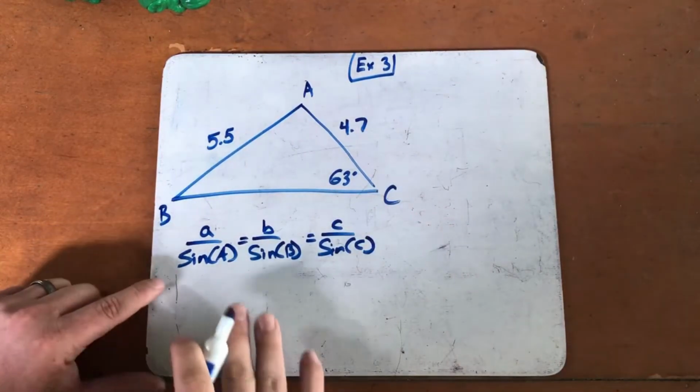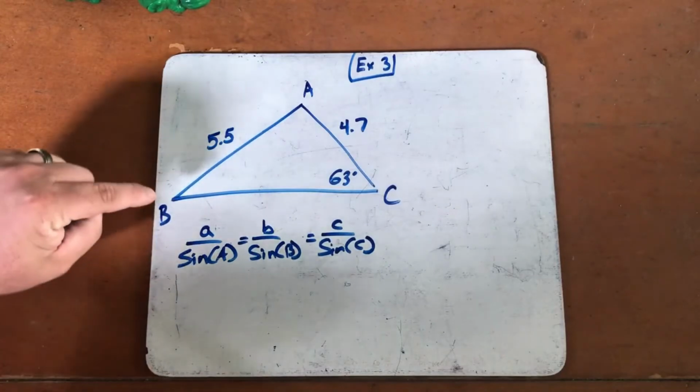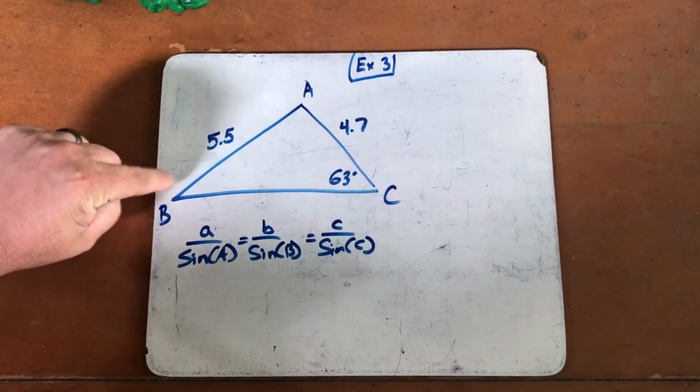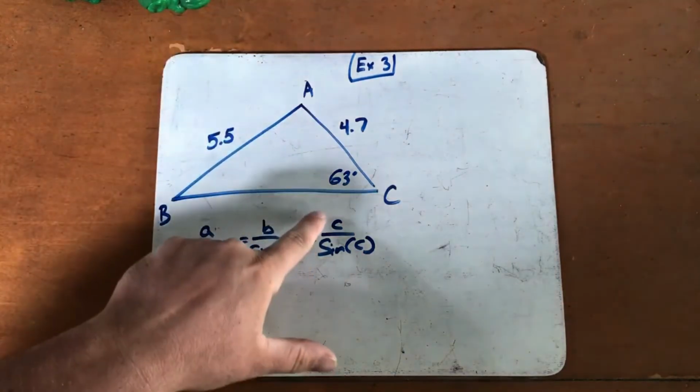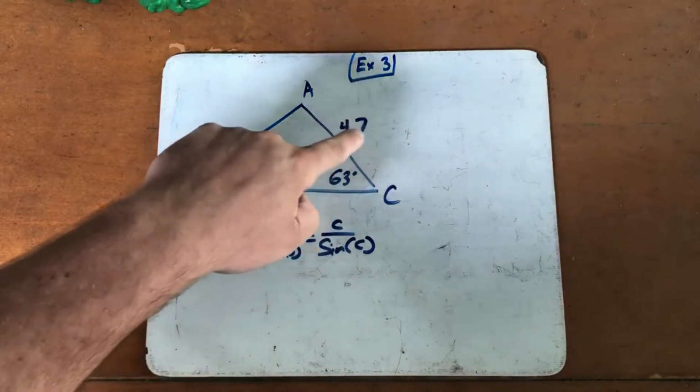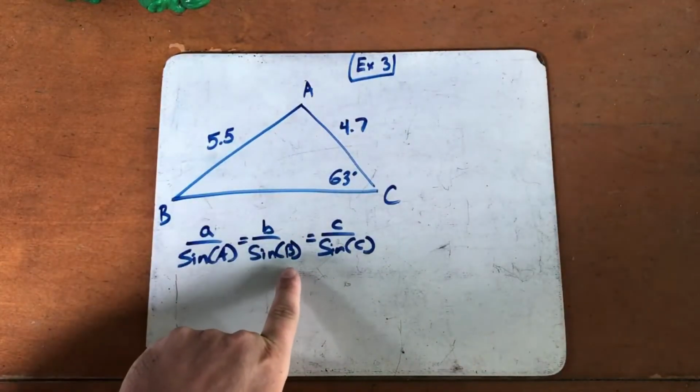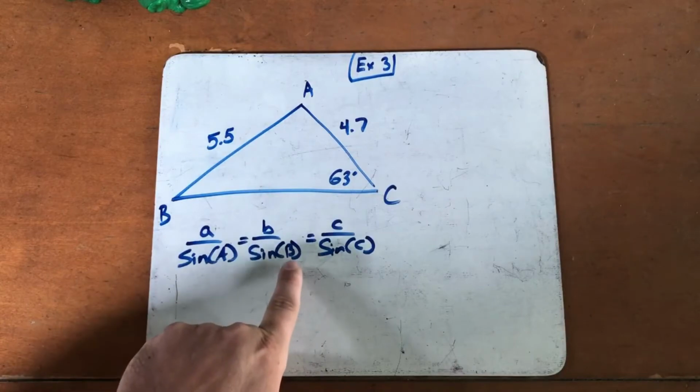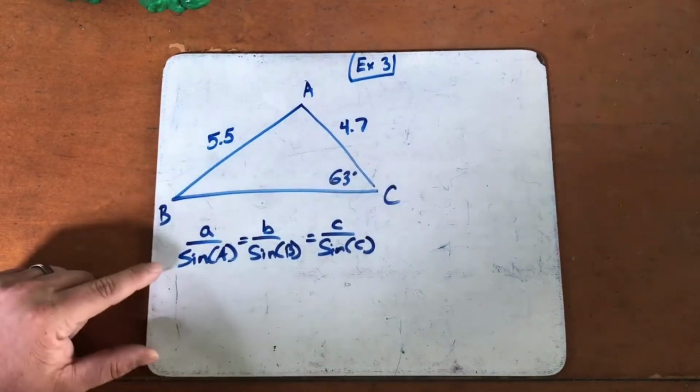All right, so when I set this up, the first thing I'm going to solve for is angle B. Here's my matching pair, which is c over the sine of C, and then I have the opposite side b. So notice the thing I'm solving for here is angle B. All right, so this is going to be a little bit different.